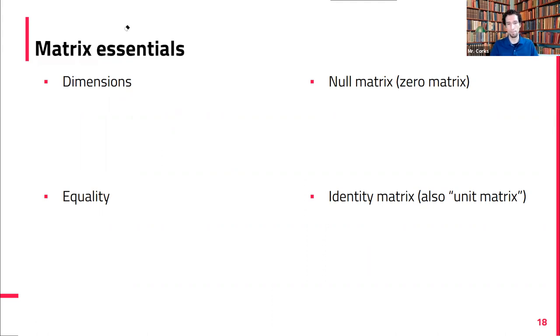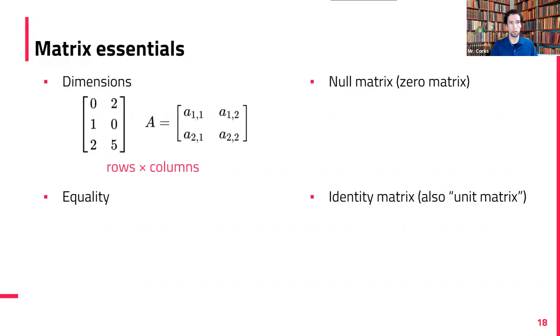Row multiplied by a column. Okay, rows, then columns, rows by columns. So in this case, we have 1, 2, 3 rows, 2 columns, so a 3 by 2 matrix. The order, rows first, then columns, is very important, and we will understand why when we get to matrix multiplication today.